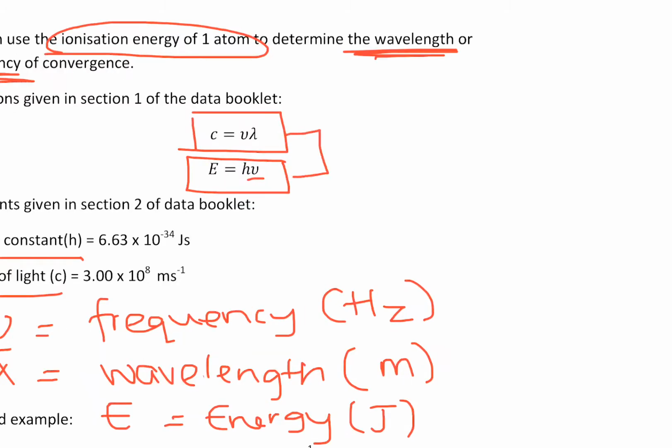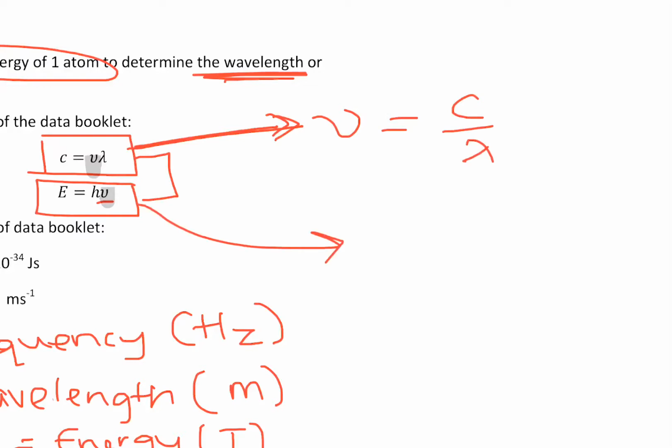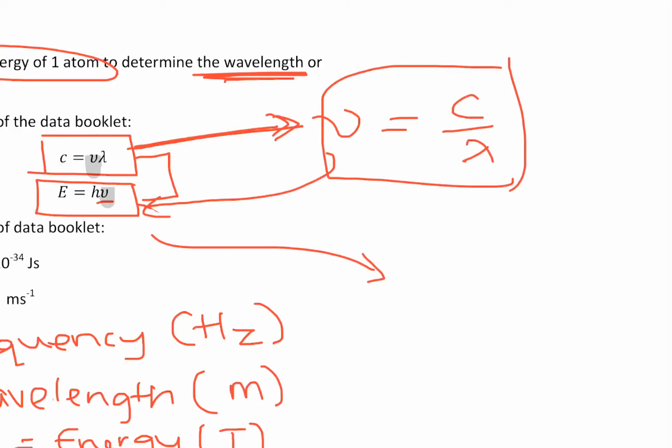We can relate these two equations, since the frequency is common in both. From the first one, frequency is equal to speed over wavelength, and from the second equation we can replace this here, so that we end up with E equals hc over lambda.